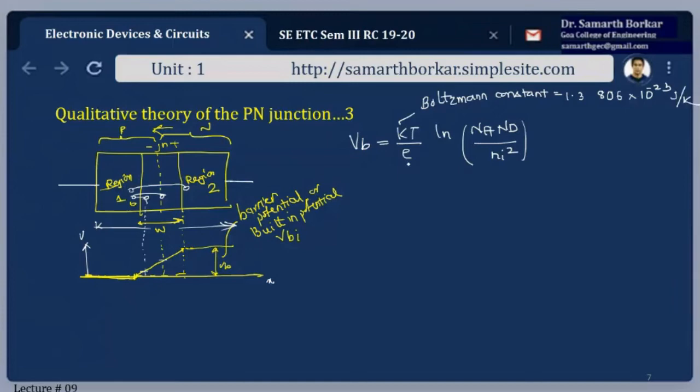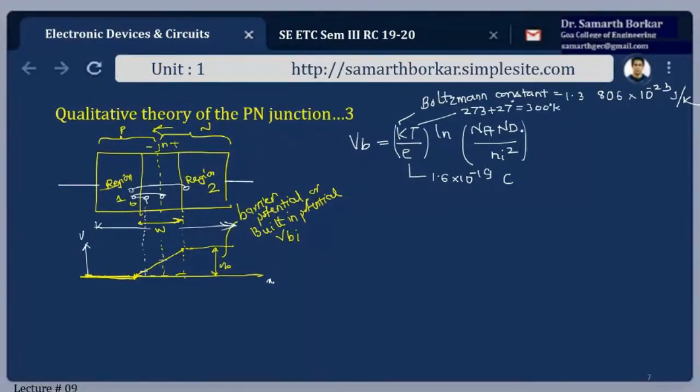The charge on an electron is 1.6 times 10 to the power minus 19 coulombs. T is the absolute temperature, and at room temperature, 273 plus 27 degrees Celsius, it is 300 Kelvin. So this is constant.